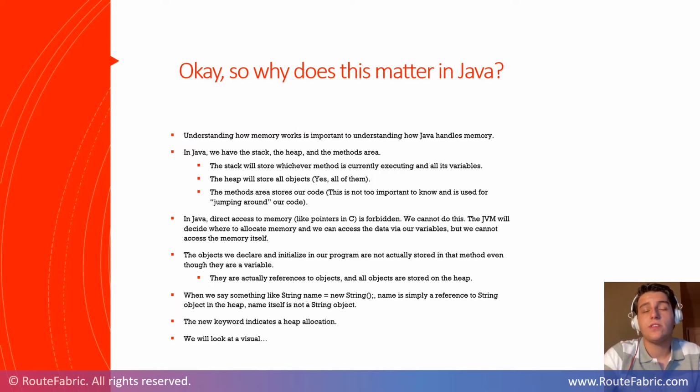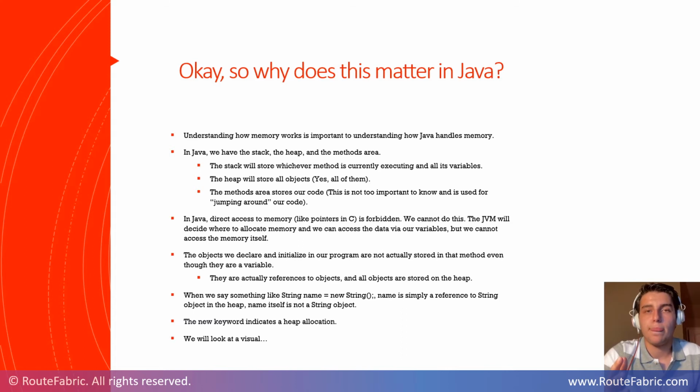So what this results in is the typing in Java is much more strict, which means we can't really change types unless we use a proper cast. In something like C, you can kind of get around typing because you can directly access the memory, so you can basically circumvent all the type safety built into the language. In Java, you can't do this because we can't directly access the memory.